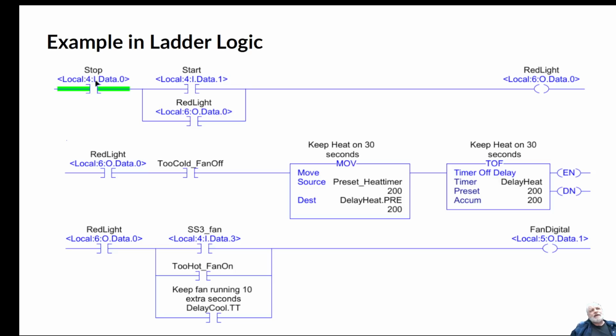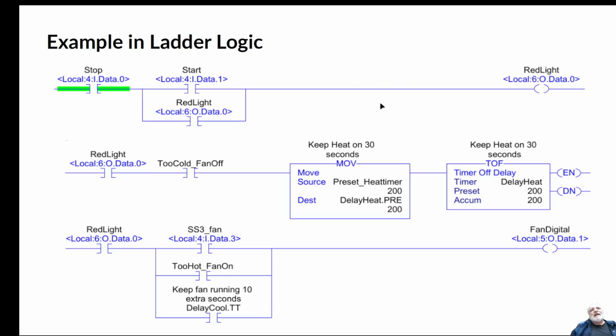That's why it's green, showing up green here, the contacts are closed. And then we have a start button. To start it, you have to make sure that the stop button is not pressed because it's wired closed, so it's a 1 when it's not pressed. And then you press the start button. That gives you a 1 and a 1, which will then energize in this case the red light tag, which will turn on the red light.